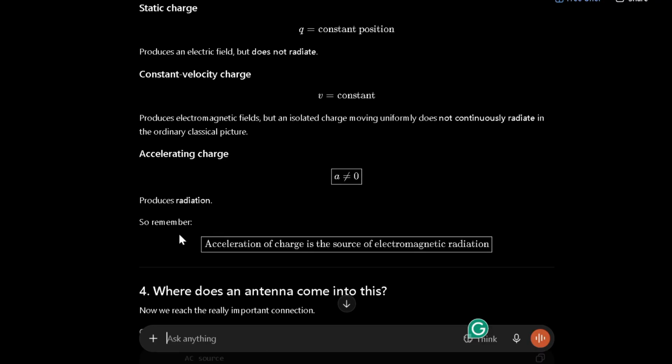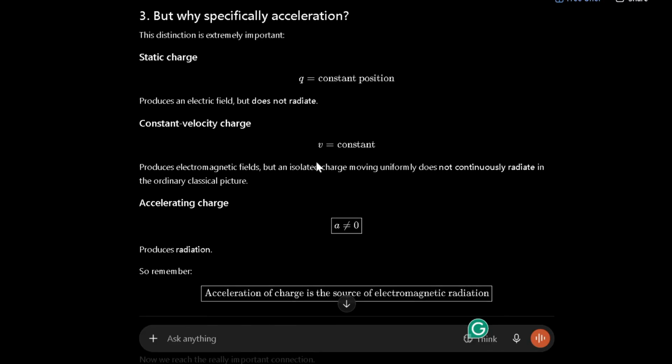So acceleration of charge is the source of electromagnetic radiation. Acceleration shouldn't be zero, then only it produces radiation. As I said earlier, if you have constant position and no movement, there is still an electric field. If there is movement at constant velocity, then electromagnetic fields will form.